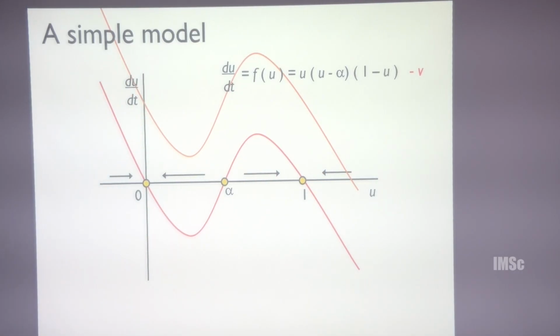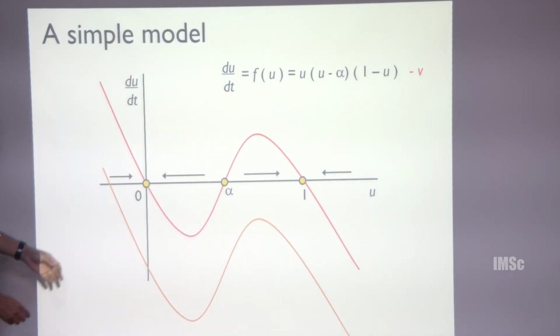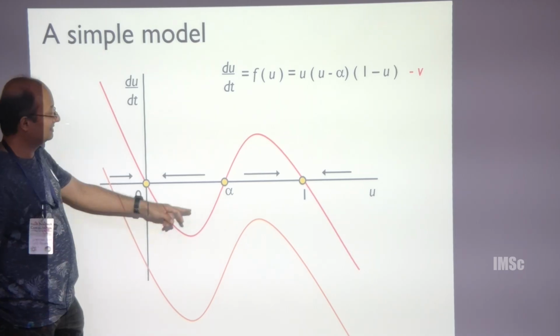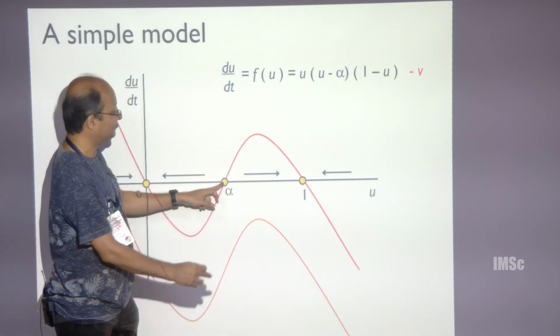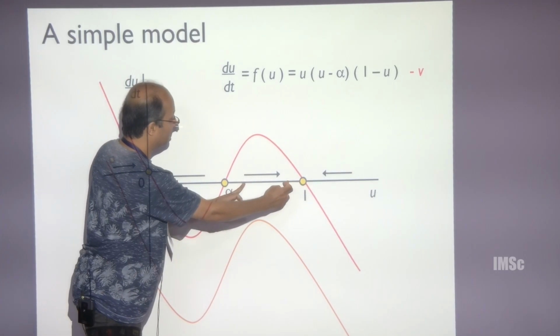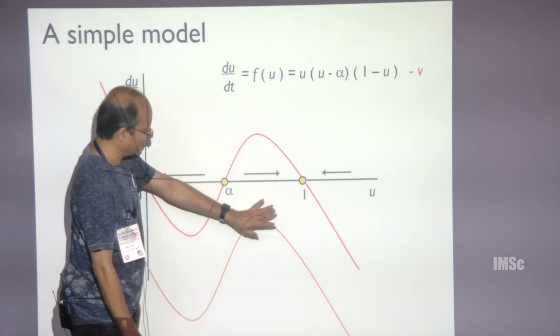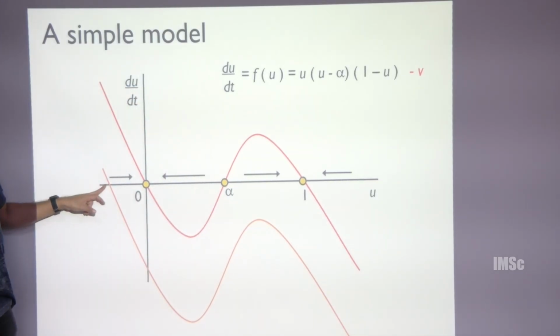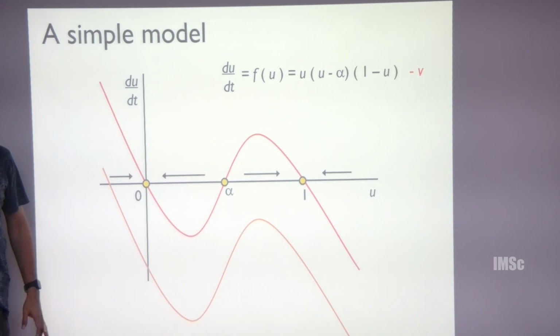Conversely, if you have a minus v, you basically pull it down, and these two equilibria approach each other, annihilate, and then go away altogether, so that you are left with only one equilibrium at the lower end of u. And so you are left with something close to the resting state.